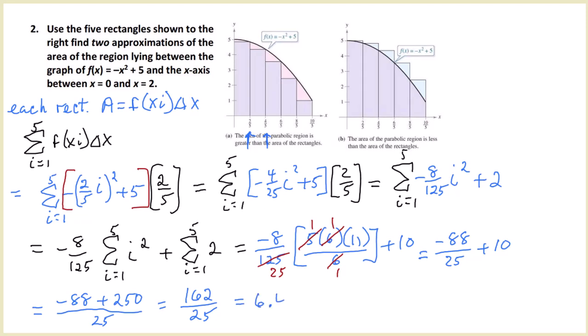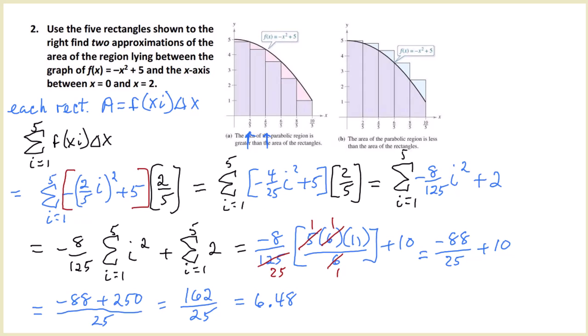Which gives me that, which if I really wanted a decimal answer, comes out to be about 6.48. Now, what does that 6.48, or the 162 over 25, represent? Not the area, it's the inscribed area. We just used one set of rectangles there.